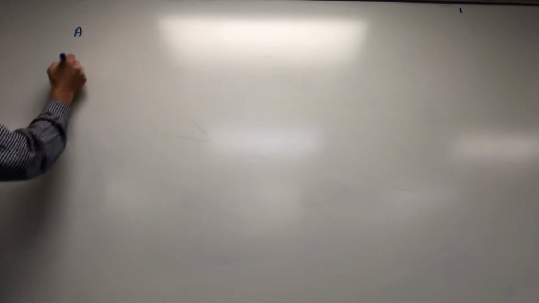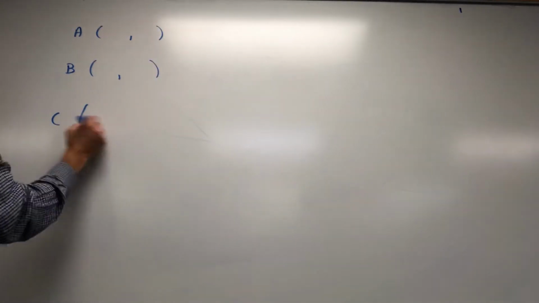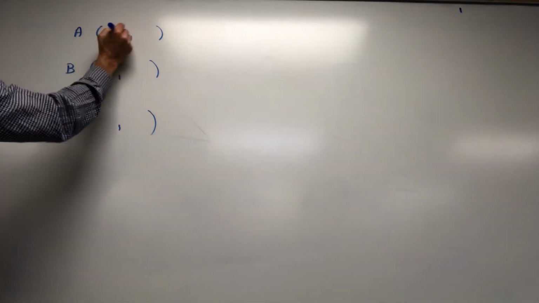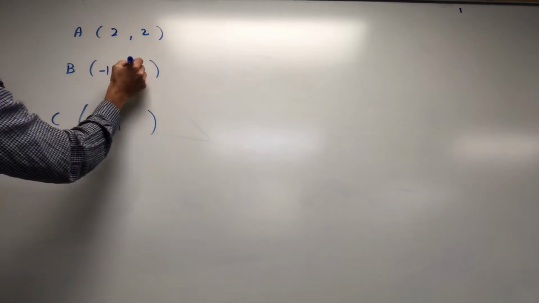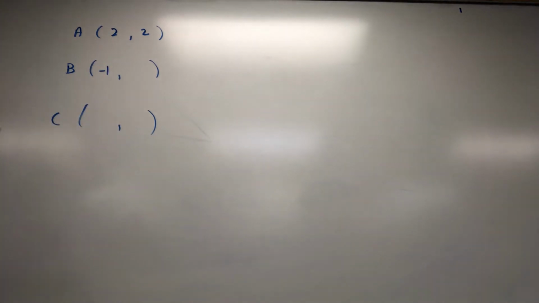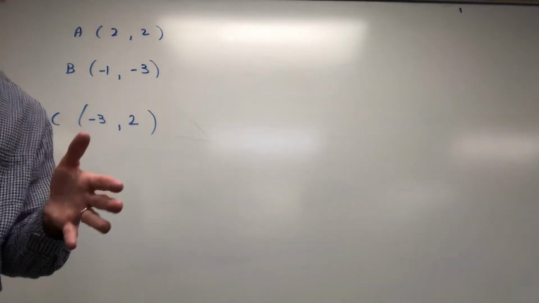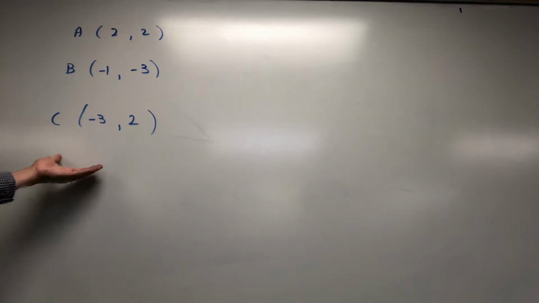All right, so this is one of those big problems where you got different parts to it. Let's say you got some points to work with. How about point A, point B, point C? We're going to put these on a graph. How about (2, 2), (-1, -3), (-3, 2). So how this will look for you when you get this on your assignment is they're going to give you these 3 points.